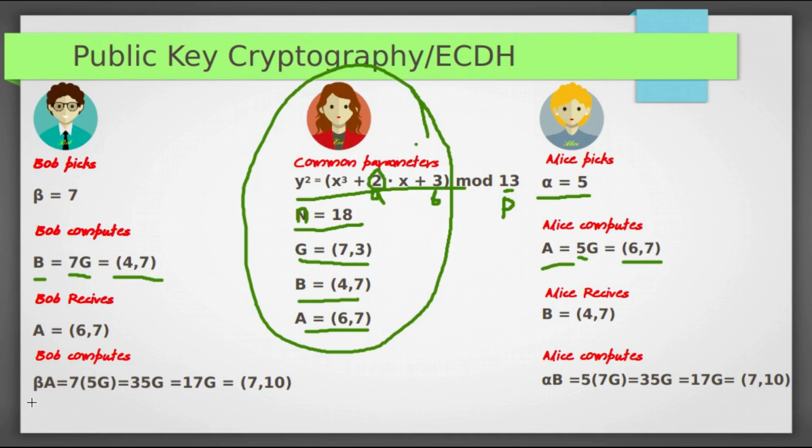So all these values are available to all the users within the network. Bob computes the shared secret by multiplying his private key with Alice's public key, that is beta A. It is 7 into 5Z, or you can write it like 7 into 6 comma 7.